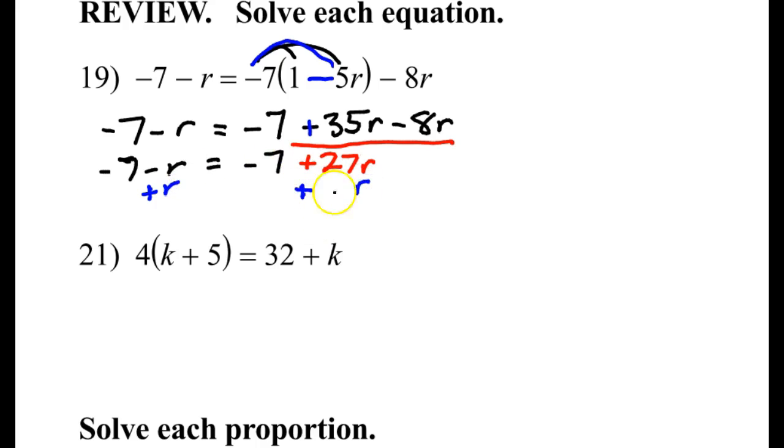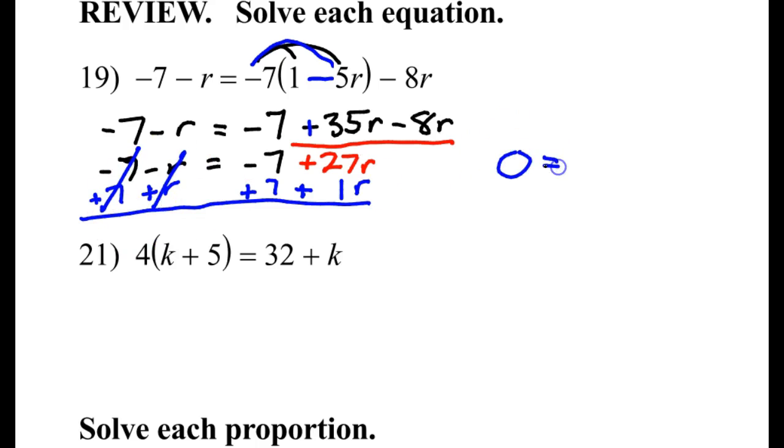Remember, adding r is the same thing as adding 1r. And let's also add 7 to both sides, all at the same time. So on the left side we get 0, negative 7 plus 7, and we get 0 again. So the whole left-hand side is 0.